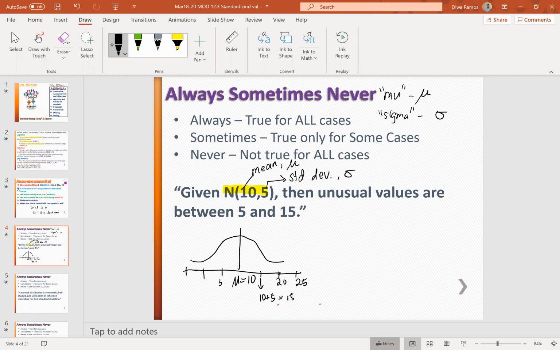And this is 5. 5 minus 5 again is 0, then negative 5. Then the unusual values, which is the main keyword here, are between 5 and 15. So is this always, sometimes, or never? If anyone knows it, please tell me.